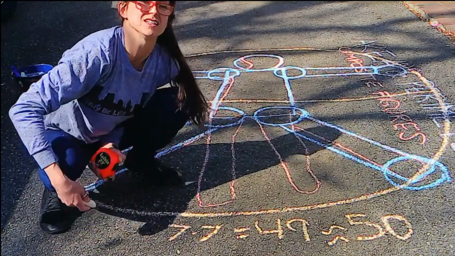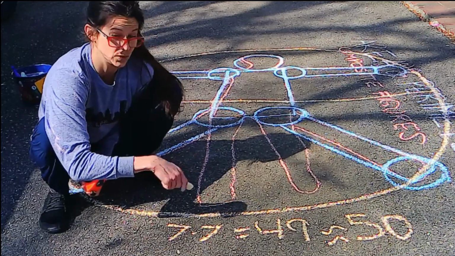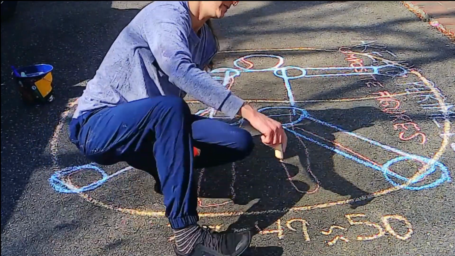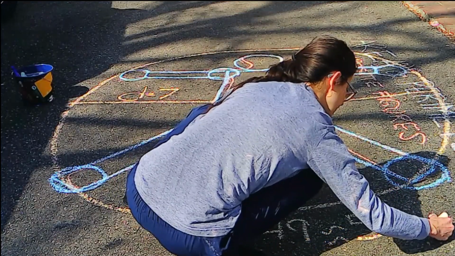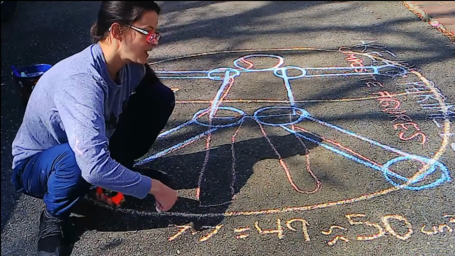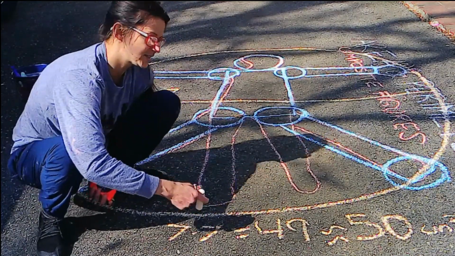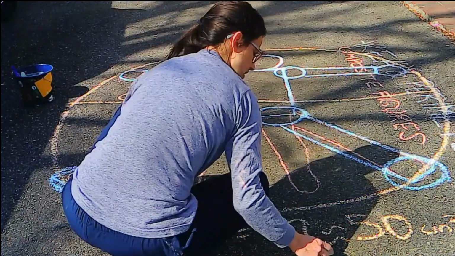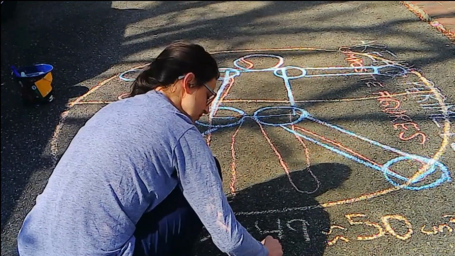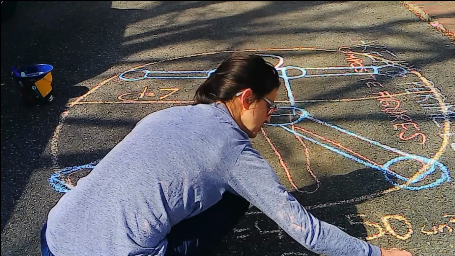And then we have to think about those square units, so it's 50 units squared, and 50 units squared times pi gets us an area of about 150 units squared.